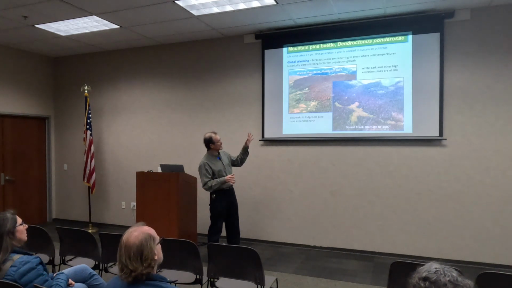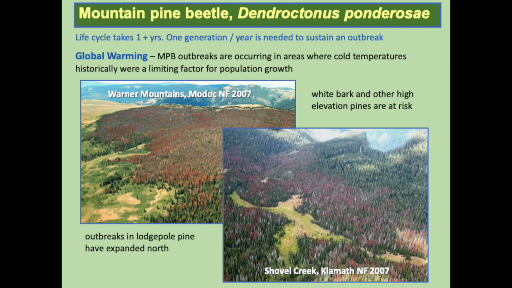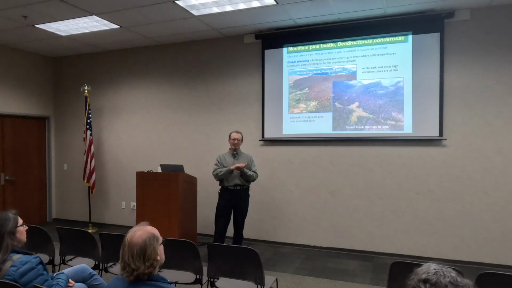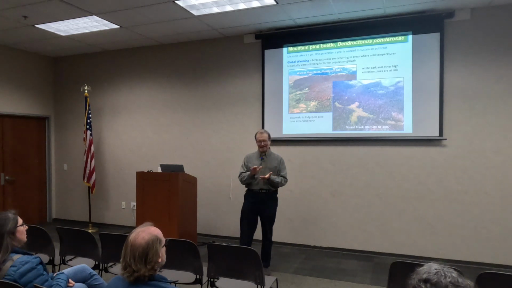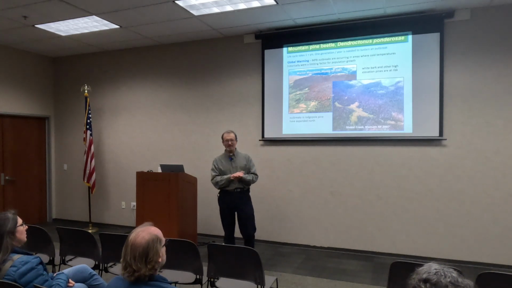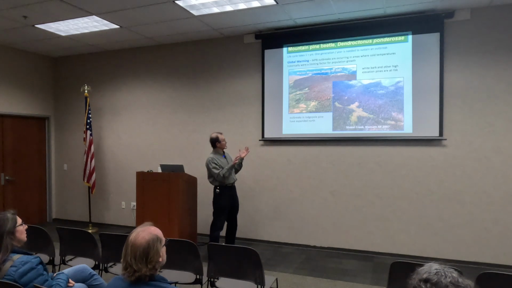Whitebark pine, for example, is being attacked and killed in areas where it wasn't killed before. Warmer temperatures enable the beetle to complete its life cycle quicker, and it enables outbreaks to be more successful, is the basic message here.